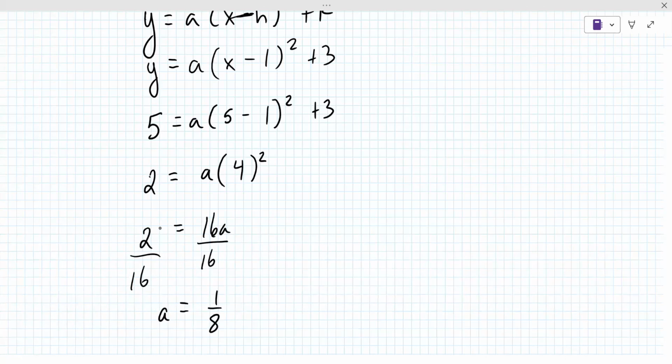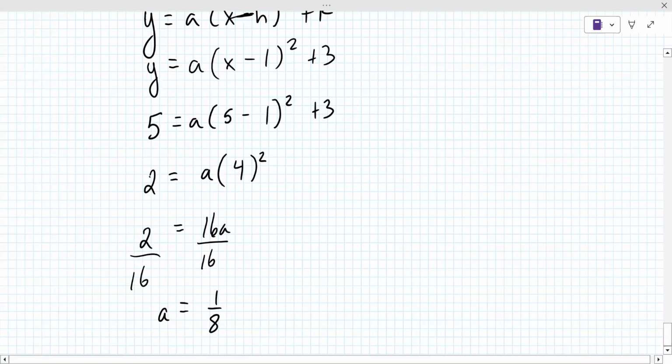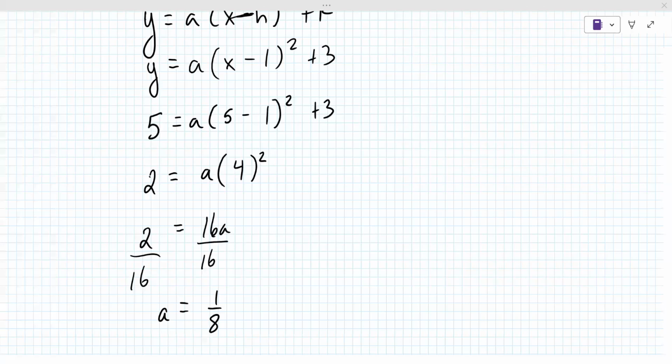Yes. So you divided both sides by 16. 16a divided by 16. 1/8. A over 8. Wait, no, sorry, a equals 1/8. Okay, so you have the 2, you have the 16a, and then I couldn't just make it become 8a.